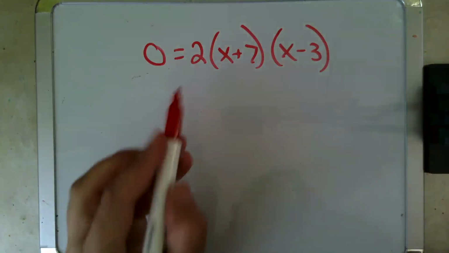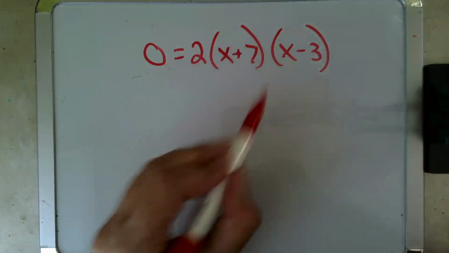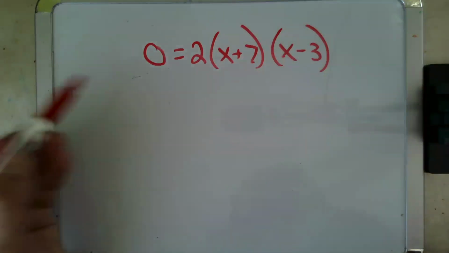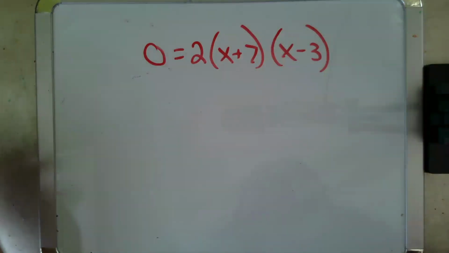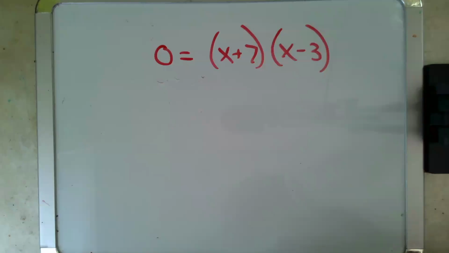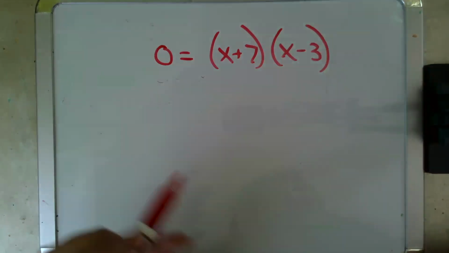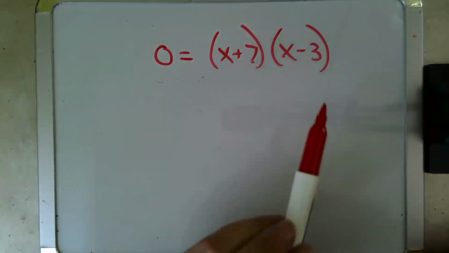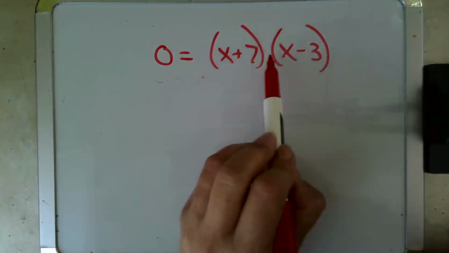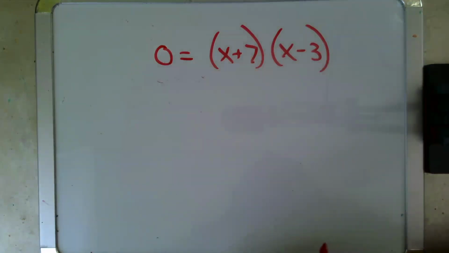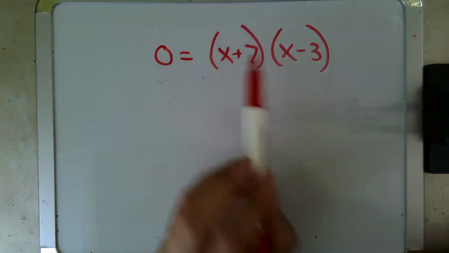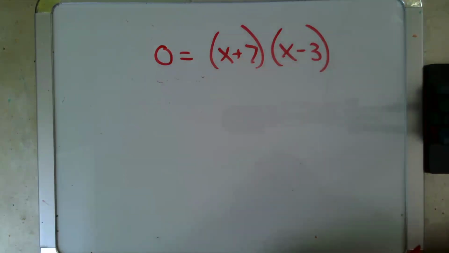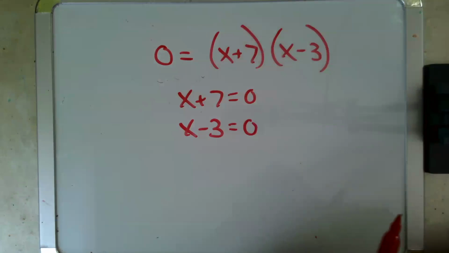Now, the next thing we do is we get rid of this 2 by dividing both sides by 2, and that 0 is going to absorb that 2, because 0 divided by anything remains 0. And now, the rule of 0 says if I have one thing times another thing equaling 0, that only happens when this thing or this thing equals 0. So my next step is to set them each equal to 0. And my final step would be to solve each of these.